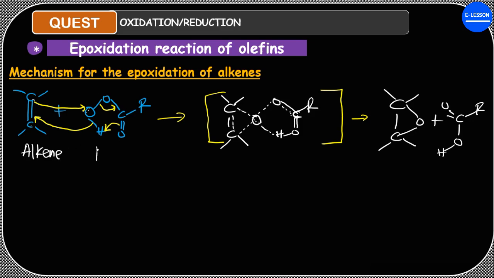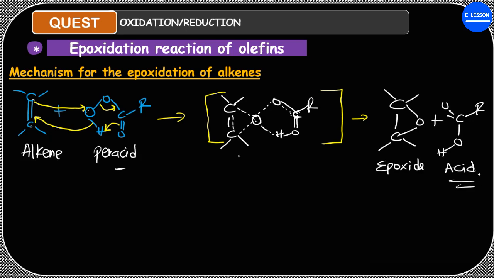This is a peracid. This is the intermediate, like the transition state, and then this is the epoxide, and this is the acid that is formed.